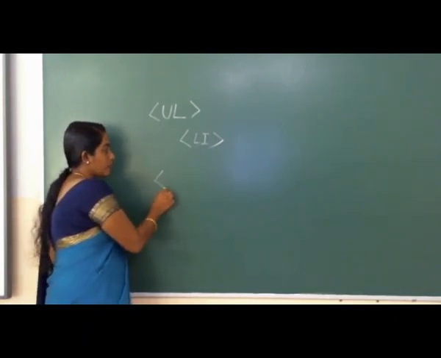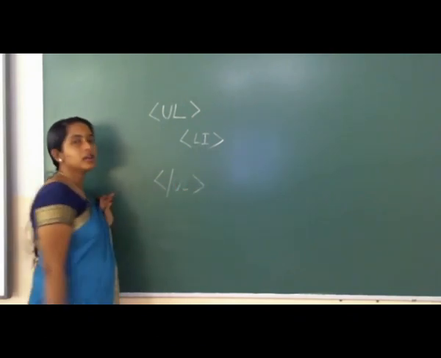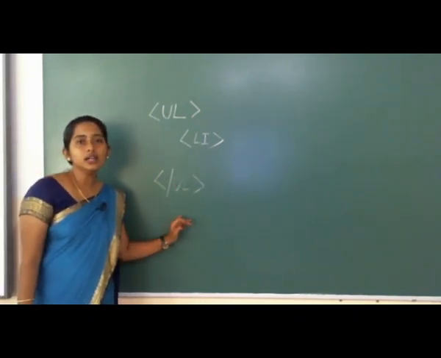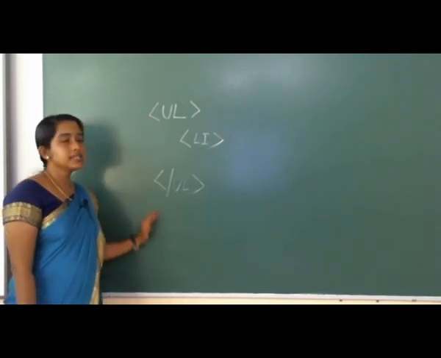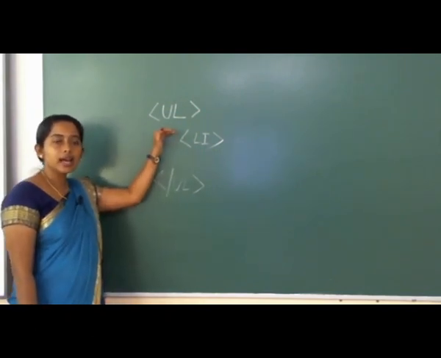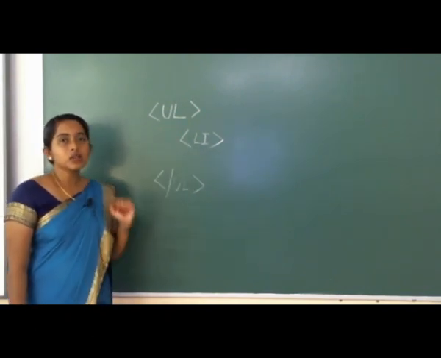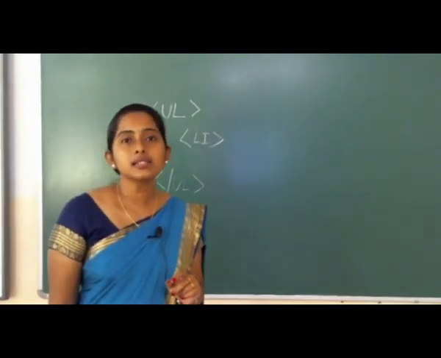We put one slash for closing the UL tag. Got it? So this is the main syntax of an unordered list, UL tag and LI tag. So let's discuss how to write the HTML program by using these tags.